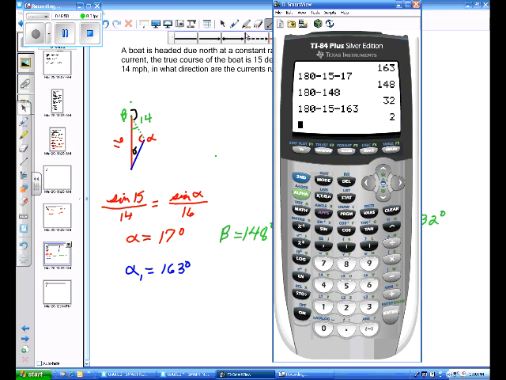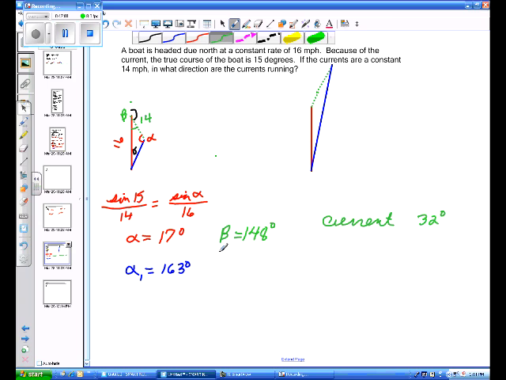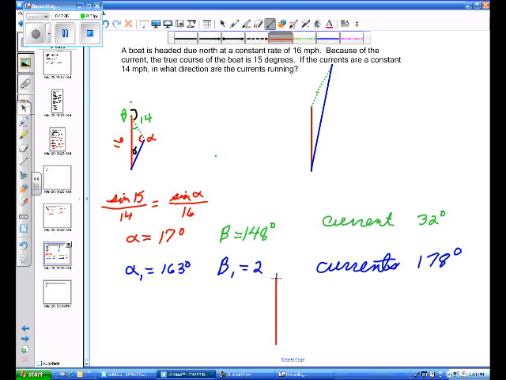So that would mean that our angle inside, beta, would be 2, which would mean then that our currents, okay, this angle's 2, so this angle would be 180 minus 2, or 178 degrees. Okay, let's look at what that means. So if we had that, okay, again, our boat's going due north.